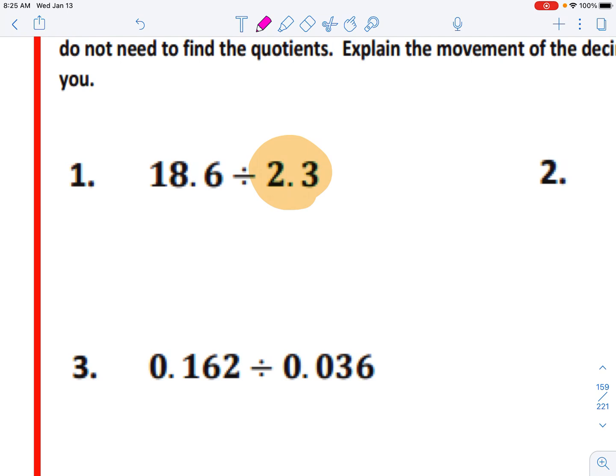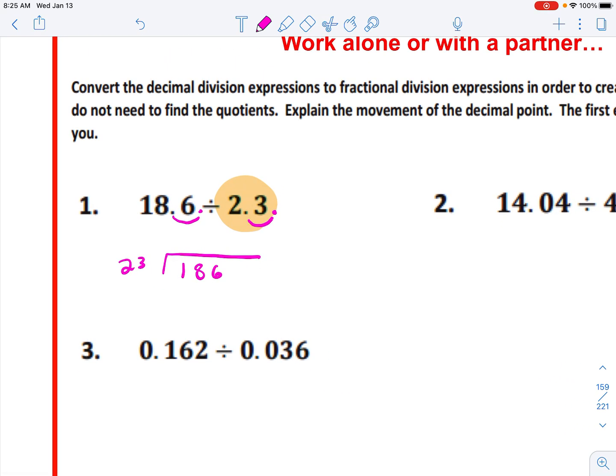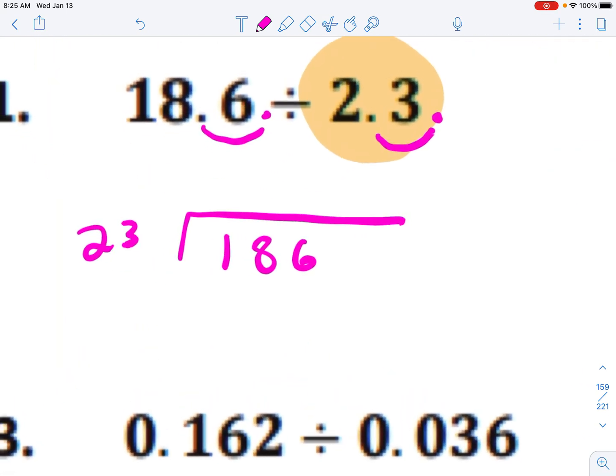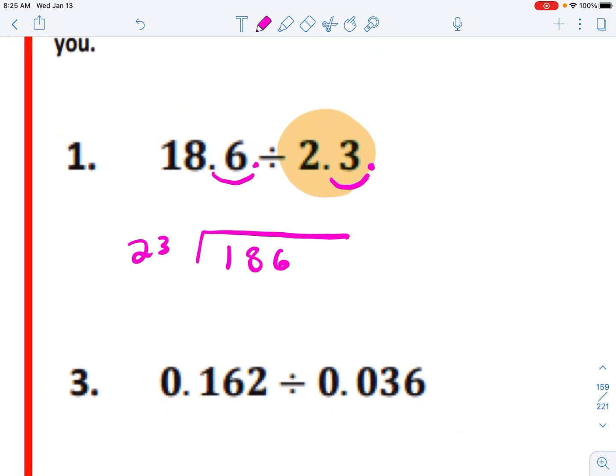I need to make that a whole number, so I need to move this decimal one space to the right. Okay, so now 2 and 3/10 turns into 23. And since I moved the decimal once in the divisor, I need to move it once in the dividend. So 18 and 6/10 now turns into 186. Okay, now that's how our problem sets up, and we can solve that regularly like we've been doing the last few days.